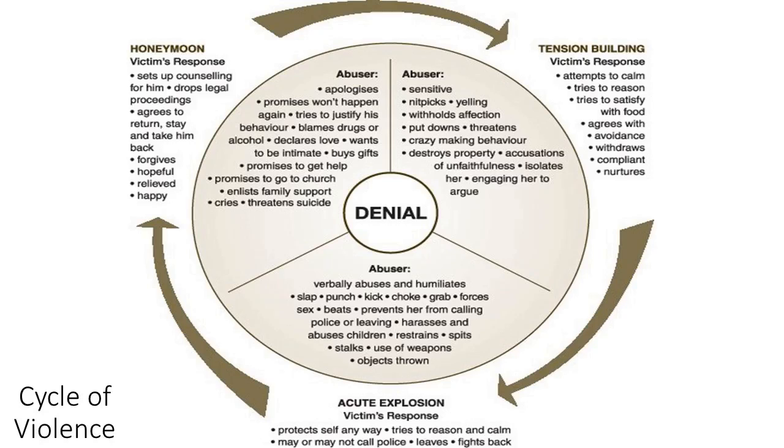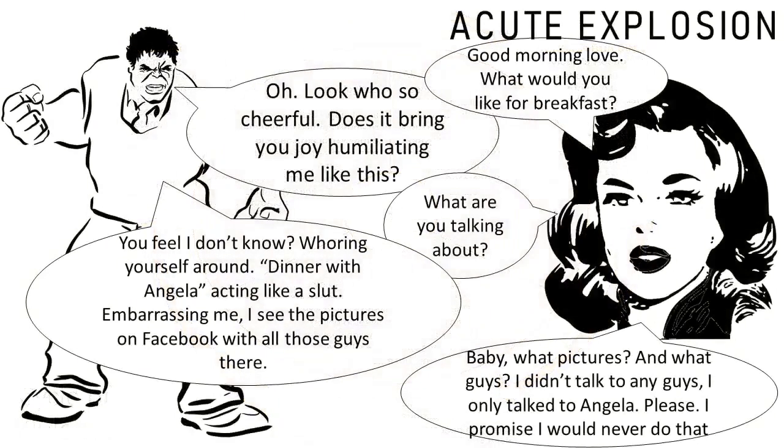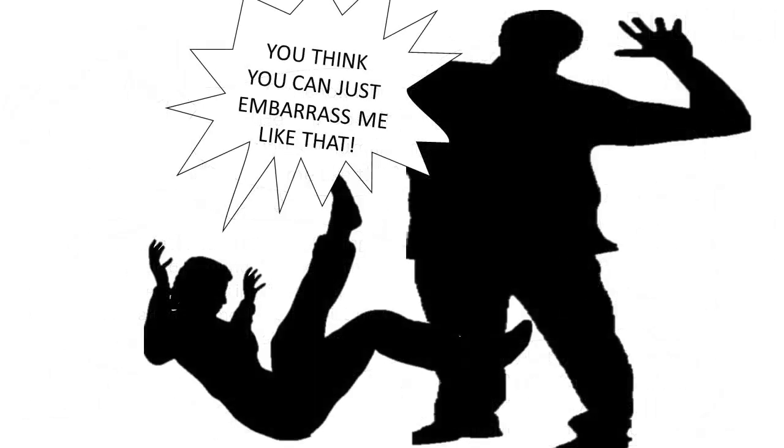Now, as that tension builds up, it leads to the second stage, which is acute explosion. So in the acute explosion, this is where the act of violence takes place. So these are the things that we talked about in the first video with the types of abuse. So the abuser might verbally abuse and humiliate the victim to a great extent, or they might become physical with the victim.